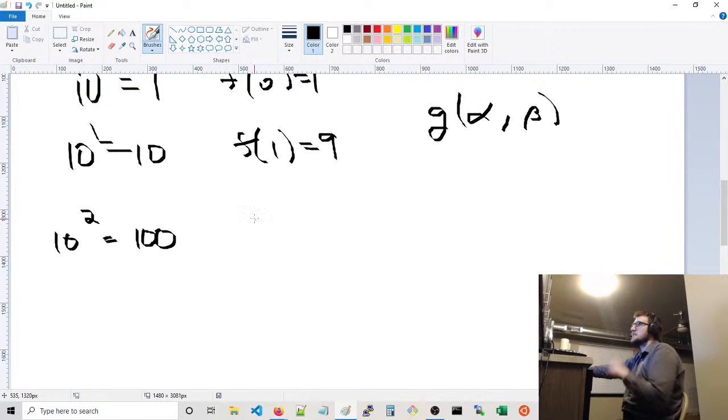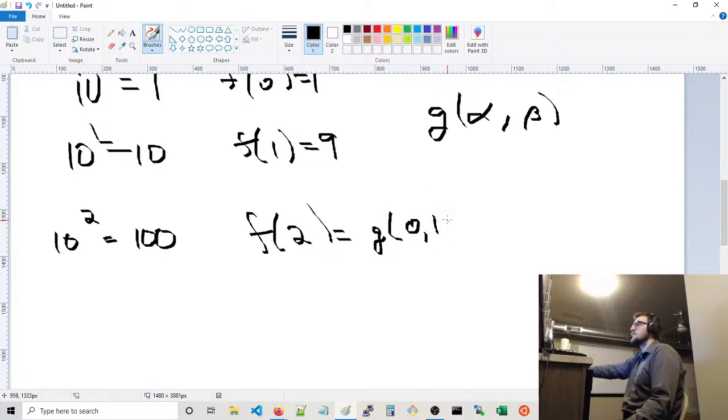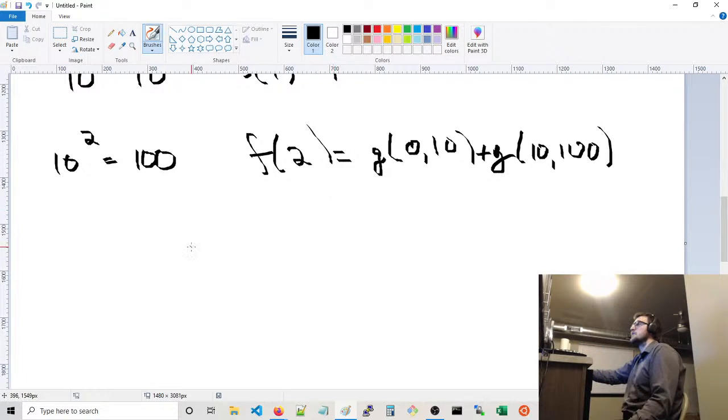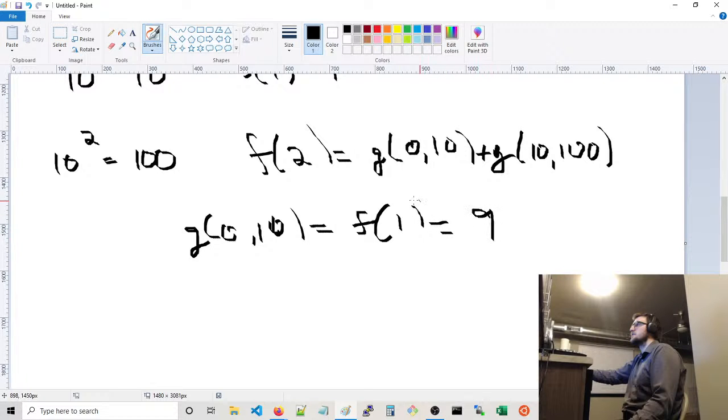And you could say f of 2 is going to be g of 0 to 10 plus g of 10 to 100, where g of 0 to 10 is exactly equal to f of 1, which is 9, right?